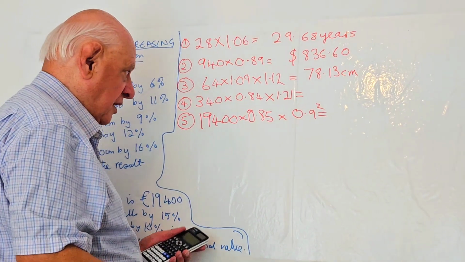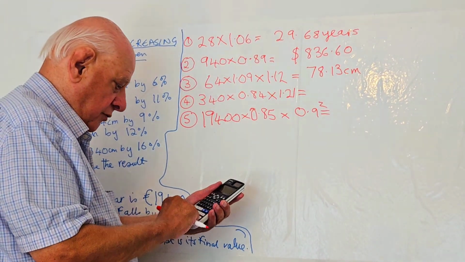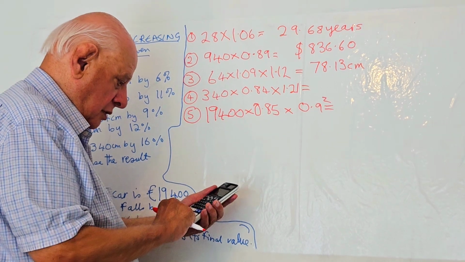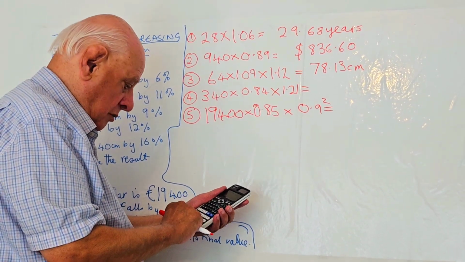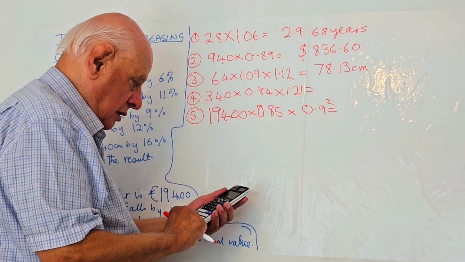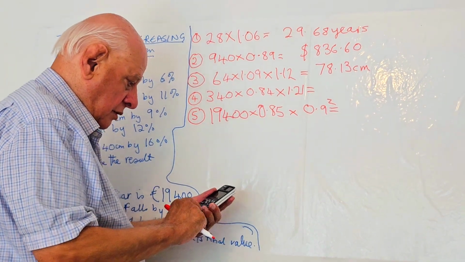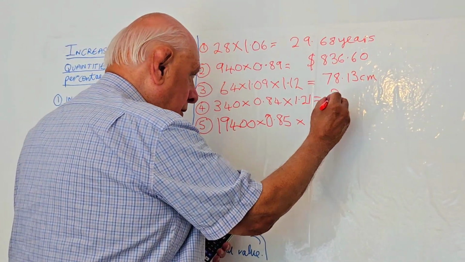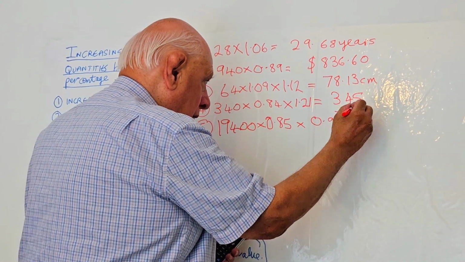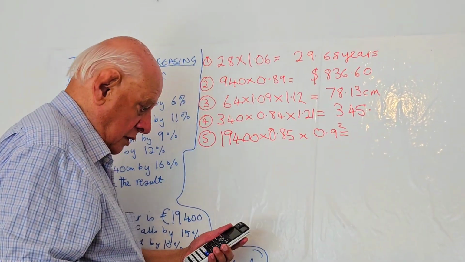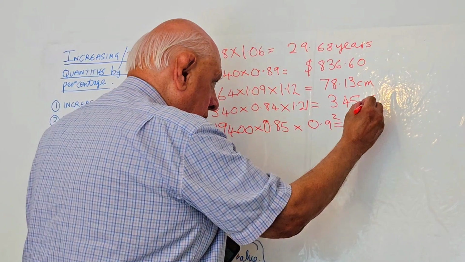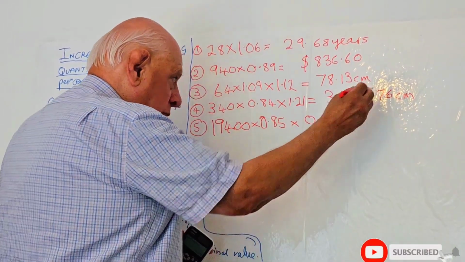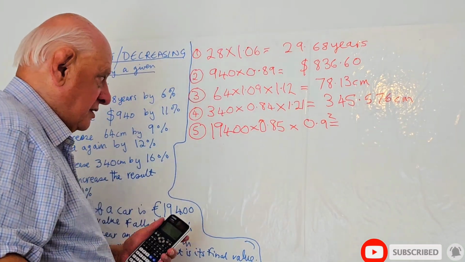The principle is the same. 340 times 0.84 times 1.21 equals 345.576, which would be 57.6 millimeters there.